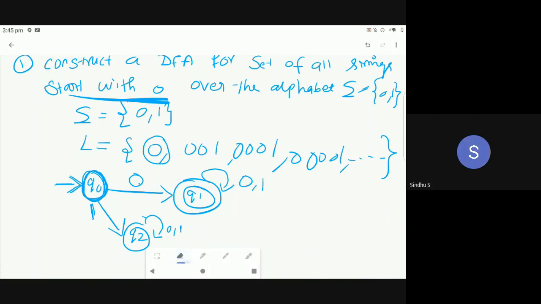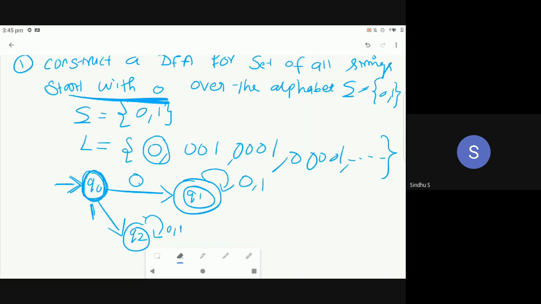Don't forget this. Every state, no matter whether it is an initial state, a final state, a dead state or an intermediate state, make sure that it handles every alphabet, every input, in the right way. You should have a transition for every input for every state.